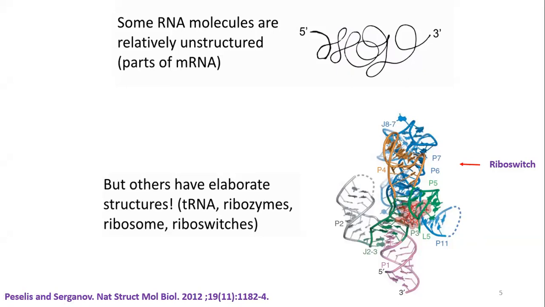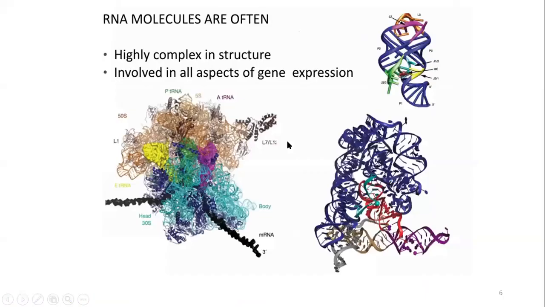This riboswitch structure was published in Nature Structural Biology back in 2012. This is where I have taken this picture from. These RNA molecules are very often highly complex in structure, and somehow they are involved in all aspects of gene expression, right from synthesis of DNA to replication to transcription to translation.